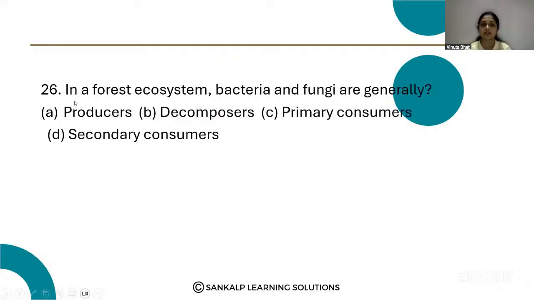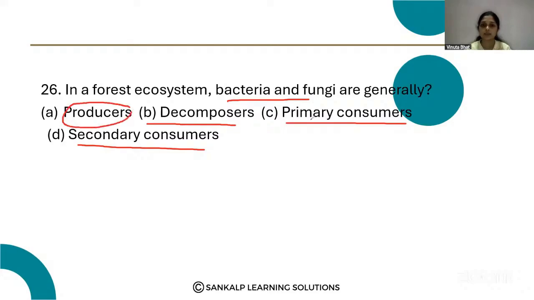Then question number 26. In a forest ecosystem, bacteria and fungi are generally: option A producers, option B decomposers, option C primary consumers, option D secondary consumers. Bacteria and fungi are not the producers, right? Producers are the plants. Primary consumers are those which directly depend on the producers.